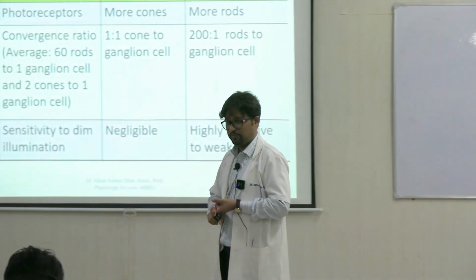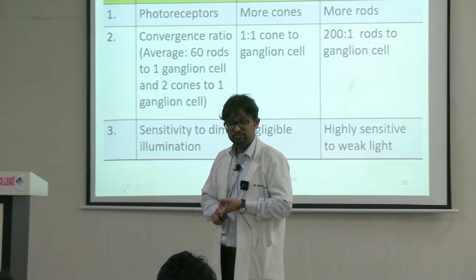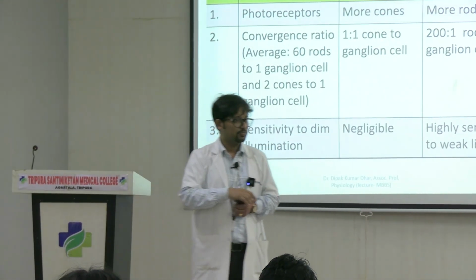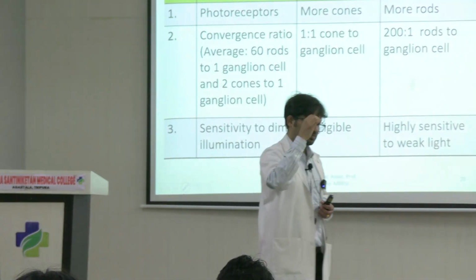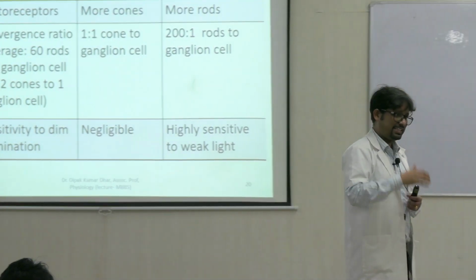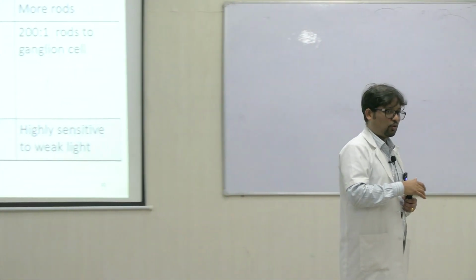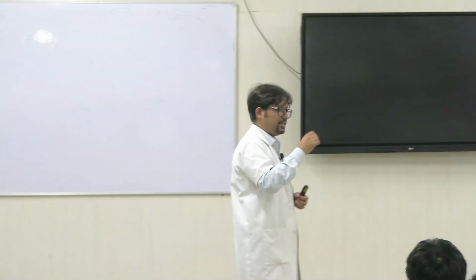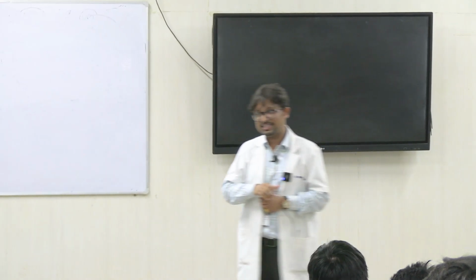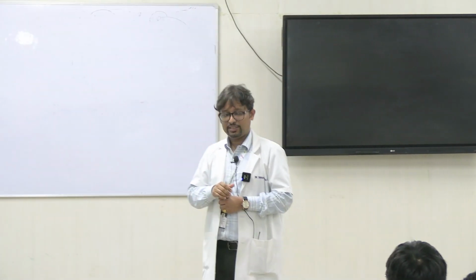Sensitivity is more. But will I call this signal that is being transmitted, signal transmission का जो accuracy है, will that be maintained exactly as it is? Converging circuit में signal transmission fidelity या strength is lesser, right?